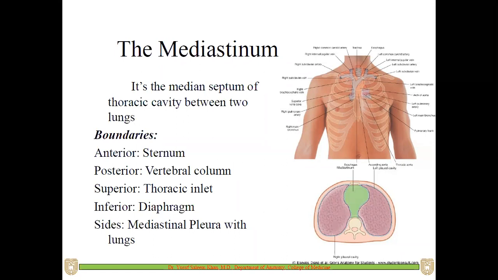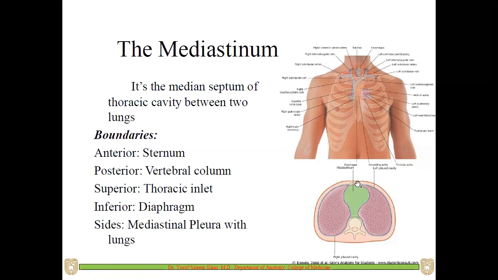Before we go into details, we should know the boundaries of this mediastinum. What is the extension to which it is called the mediastinum? Anteriorly, we have the sternum. Here you can see the three parts of the sternum: the manubrium sterni, body of the sternum, and the xiphoid process. If you take a section at this level, this is how it looks.